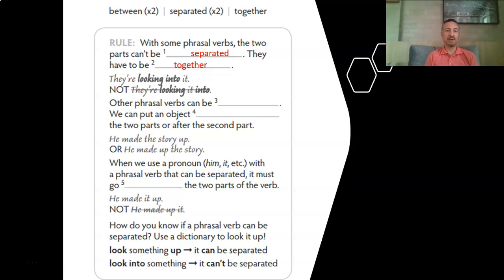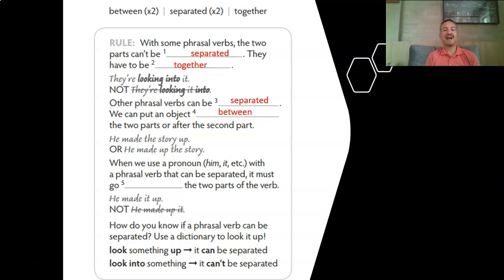They're looking into it. Yes, not looking it into. Other phrasal verbs can be separated. We can put an object between the 2 parts or after the second part. For example, he made the story up, or he made up the story. Okay, so both are possible.